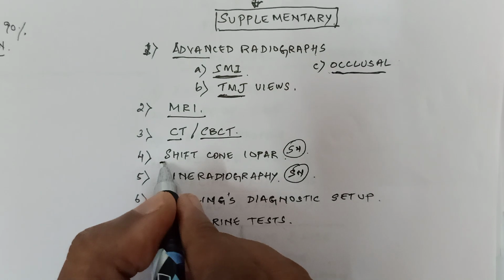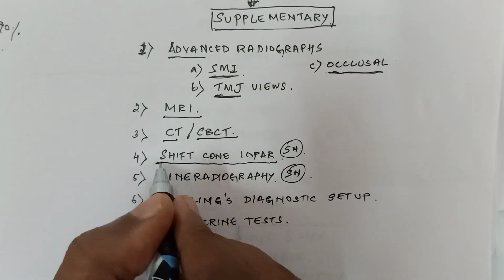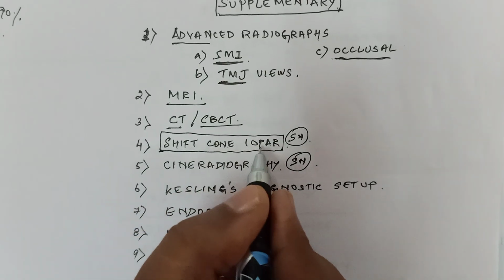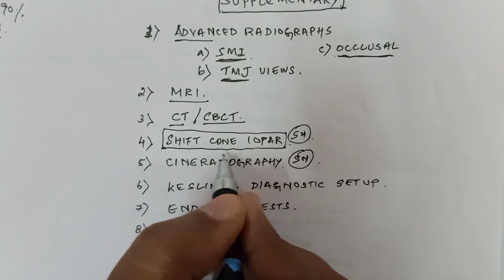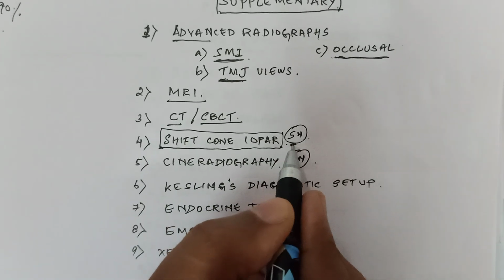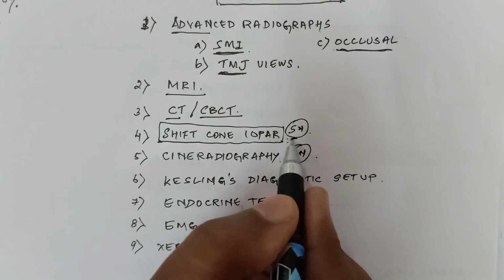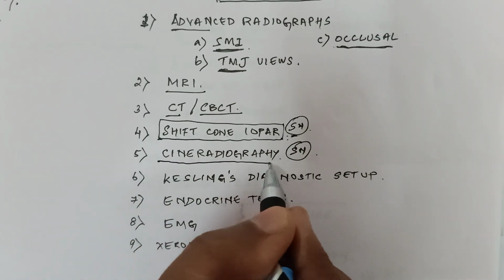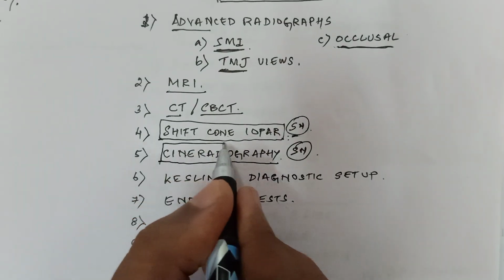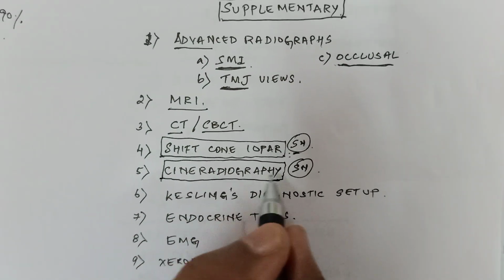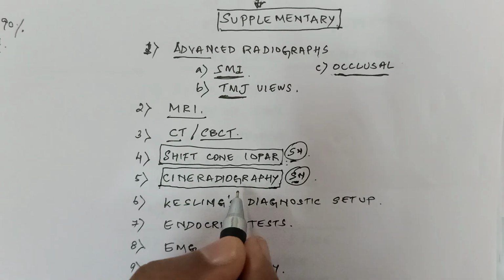Then, using the IOPA film only, we take what is called the shift cone intraoral periapical radiograph, that is usually for impacted teeth. It comes as a short note. If not in ortho, it will come definitely in radiology. Then you have cine radiography. Just remember it is like a cinema, but with X-ray film, and it also comes as a short note.